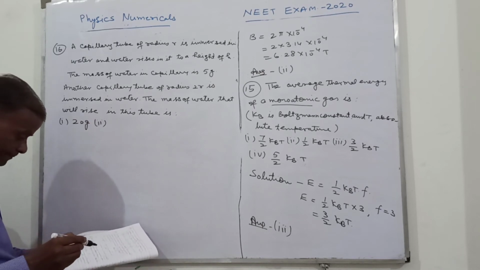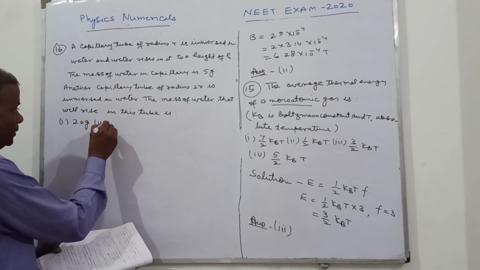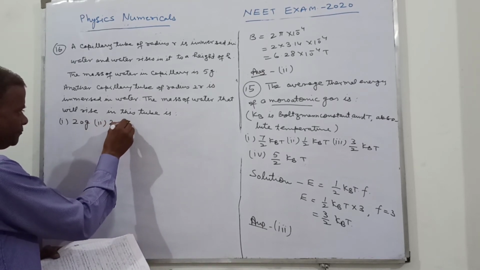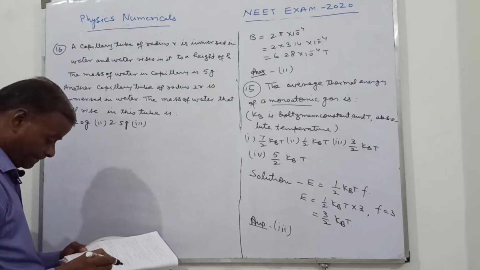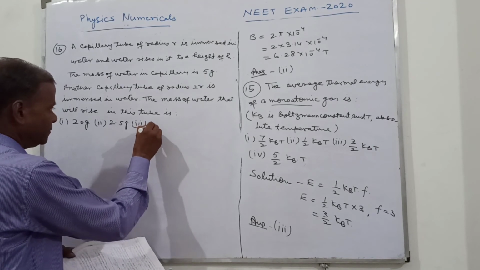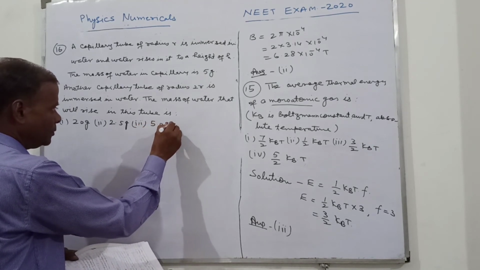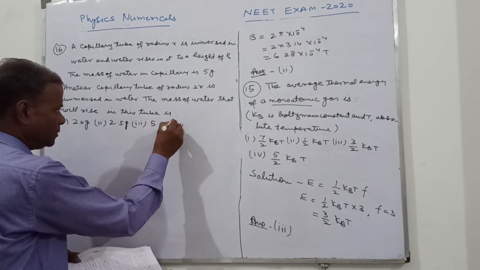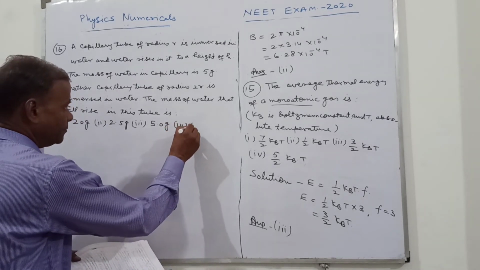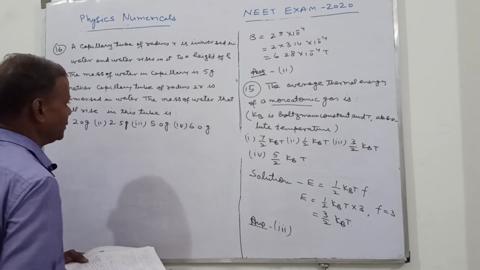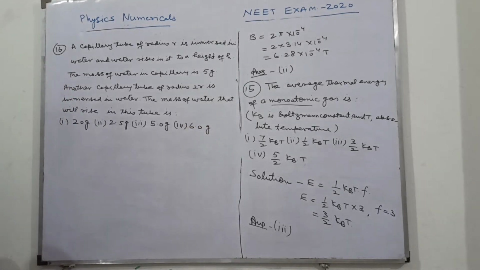Second option 2.5 gram. Third option 5 gram. And fourth option 6 gram. These are the given options.